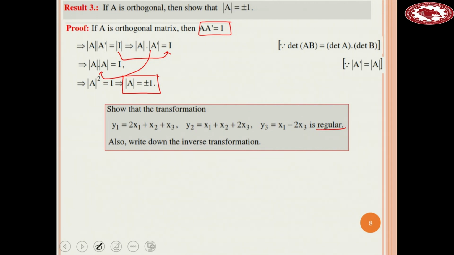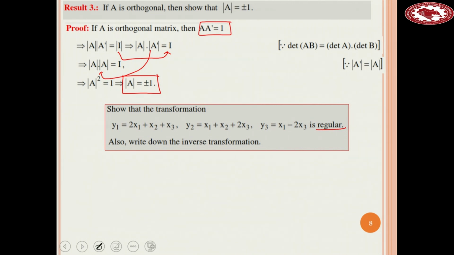So here, look, y1, y2, y3 we have given in terms of x1, x2, x3. Inverse transformation means that you have to write x1, x2, x3 in terms of y1, y2, y3, the reverse form. That one is the inverse transformation.